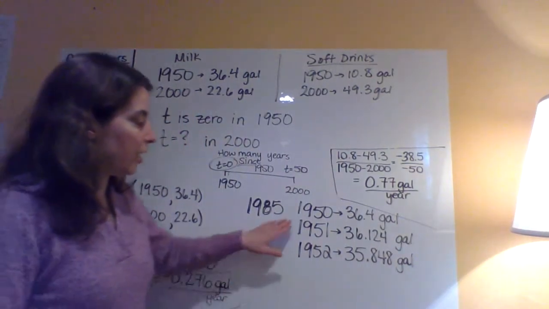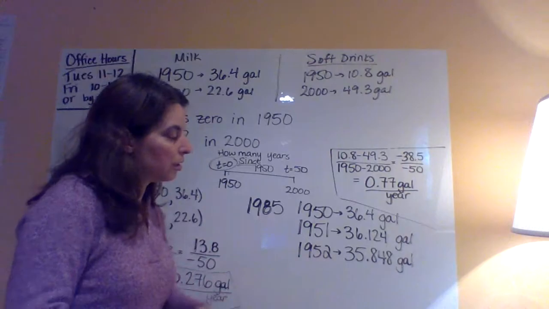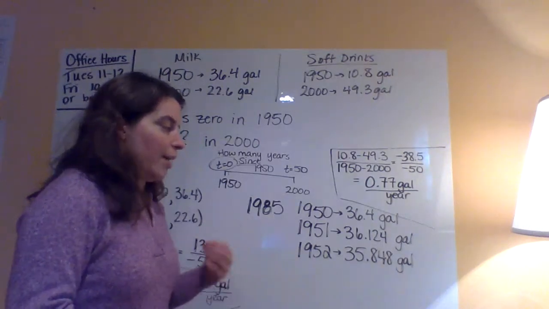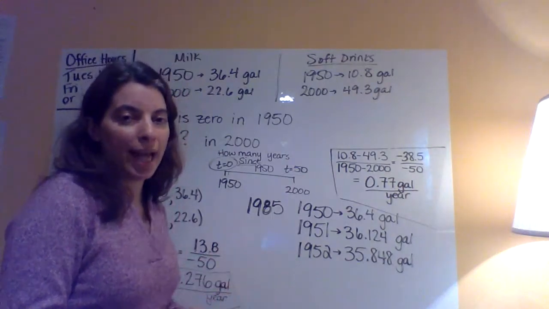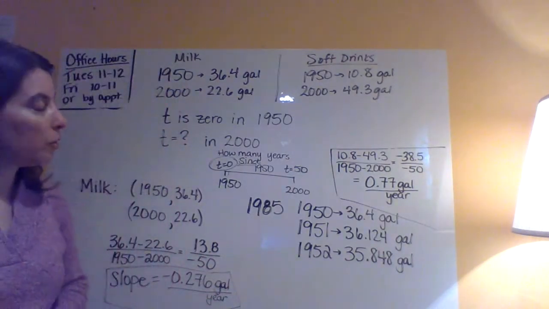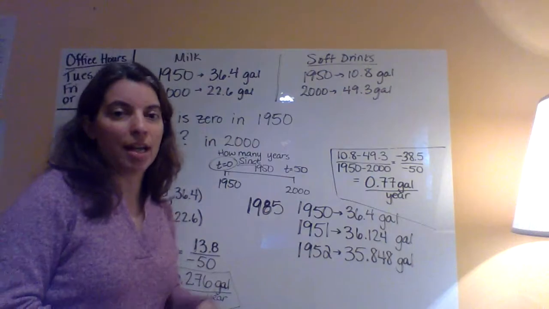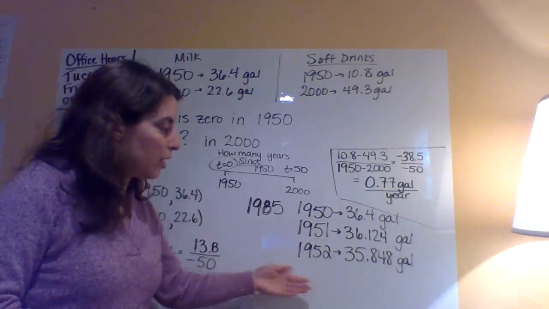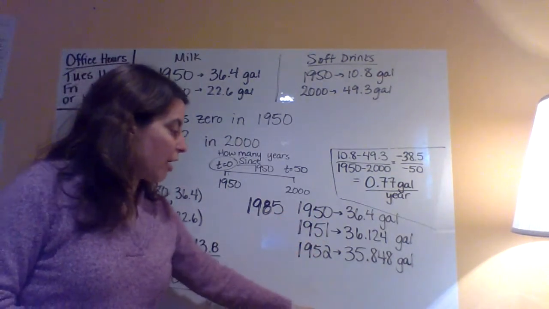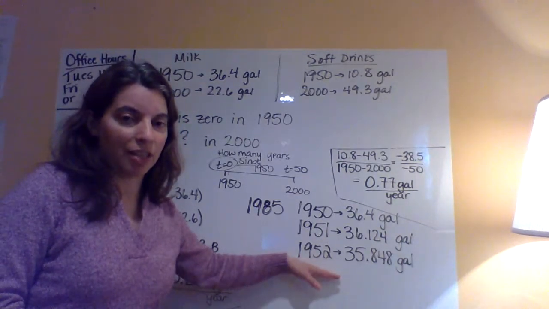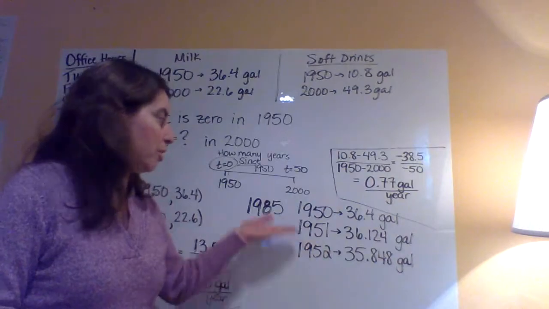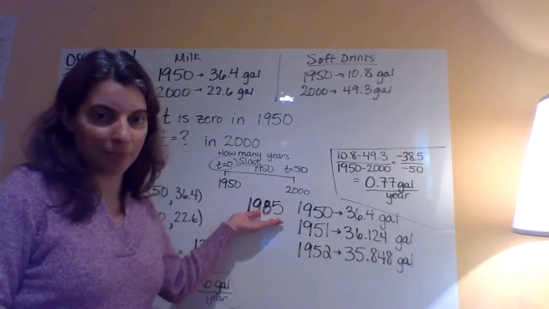So every year it goes down a little bit. Now, the problem with just figuring it out one at a time like this, if you remember back to when we talked about the latte yesterday, I said we kind of didn't want to do it like this because I can't figure out 1957 until I know what 1956 is, and I can't figure out 56 until 55. I don't really want to do this all the way until 1985.